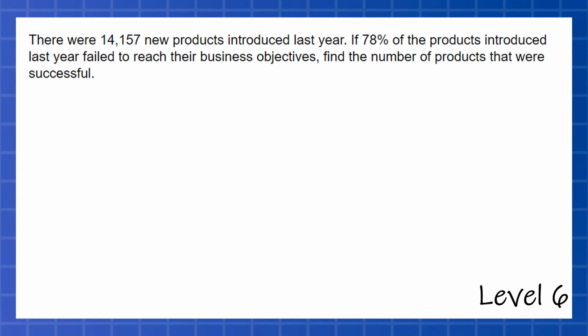In this problem, we have 14,157 new products, and 78% of the products failed, okay? And then we want to know the number that were successful. We know the percent that failed, 78% failed.